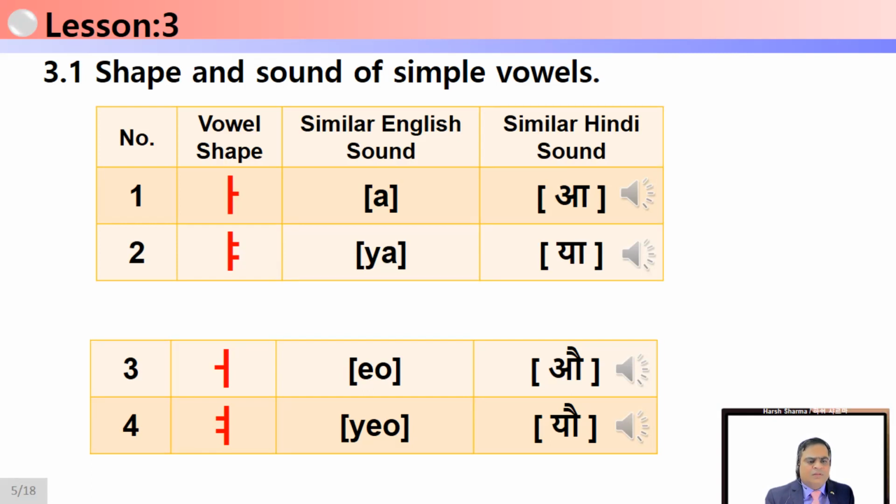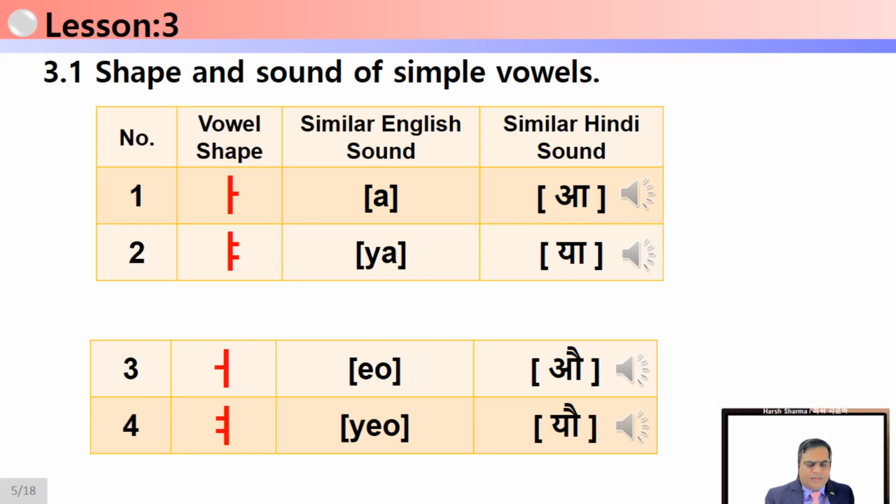Why are we learning them in pairs? Because they are connected with each other. If you learn in pairs like number 1 and number 2 together, ah, ya, you will understand the sound and the shape easily. If you just remember ah, add one more line on the same side, it will change to ya.